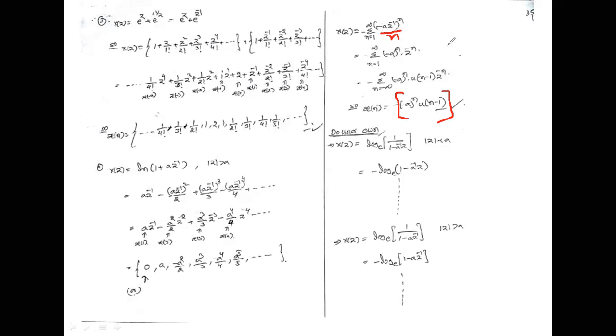Then only you'll get this a when n is equal to 1: minus a z power minus n whole power n by n. 1 we'll get. What is the second function here? Square means, if I take the square, whatever minus we have, you will get the plus.